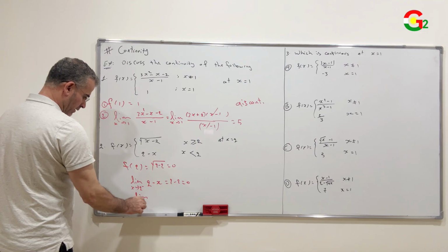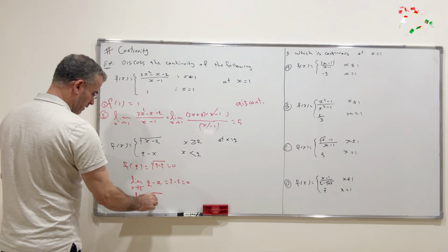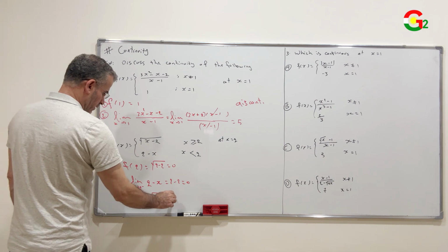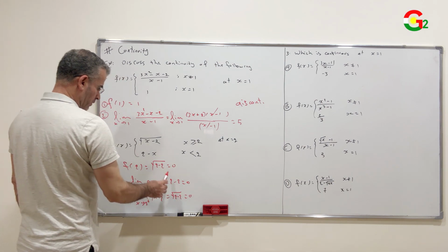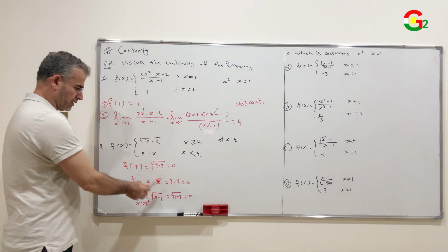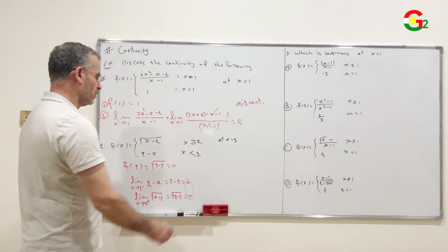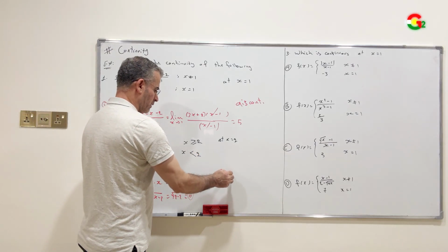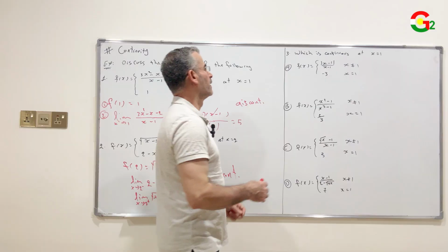From the right it is also 0, because I substitute in the square root of x − 2: square root of 2 − 2 equals 0. Since the value of the function equals the limit of the function and both equal 0, this function is continuous at x = 2.